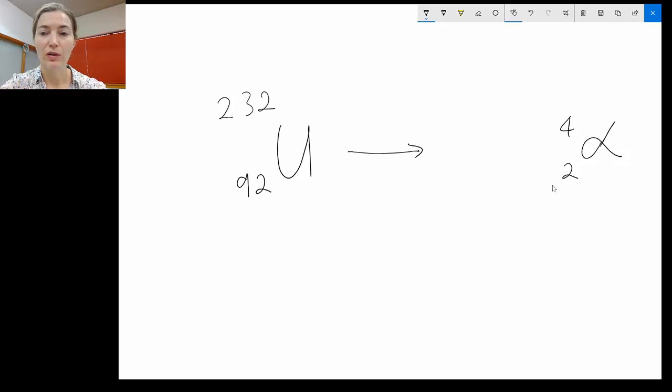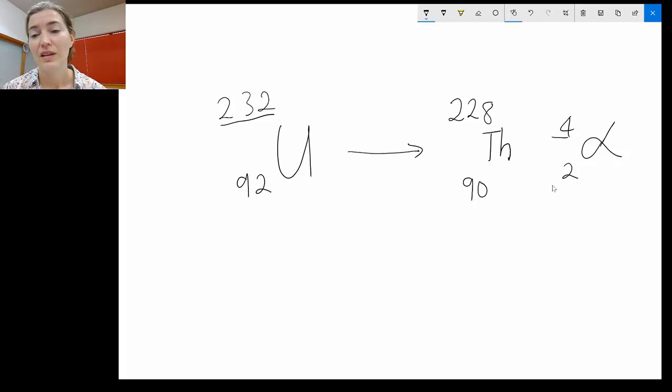So first of all, we look at the top line, and we can see this is the sum total on the left-hand side, so we want the same sum total on the right-hand side. So it's going to be 228, and on the bottom, 90 is going to be our proton count, and that is thorium. Okay, so we have balanced here and here. Okay, so that's alpha decay.